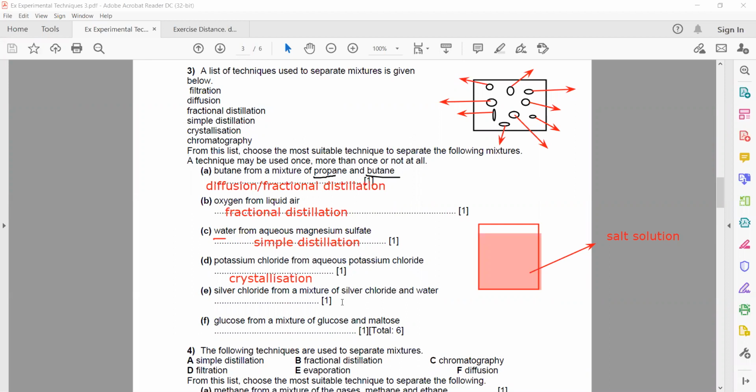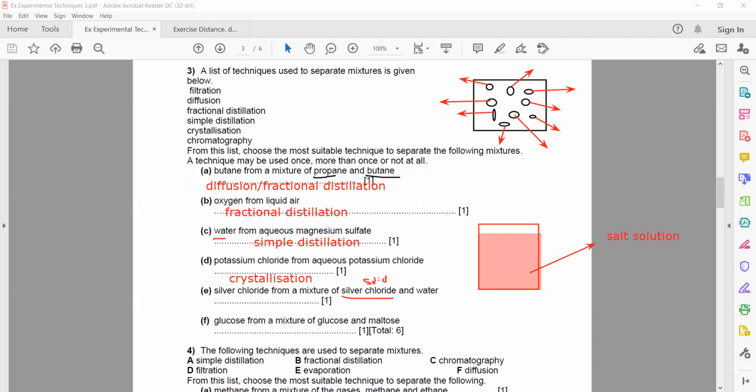Silver chloride from a mixture of silver chloride and water. As we discussed, most chlorides are soluble except silver, mercury and lead. So this is insoluble, so this will be solid. Right now we don't have a salt solution.